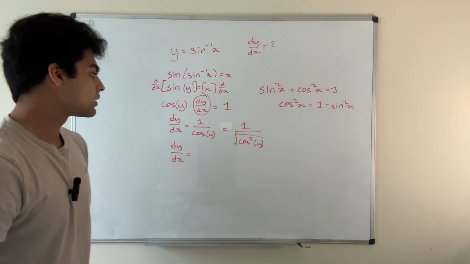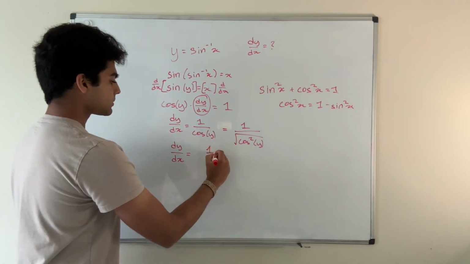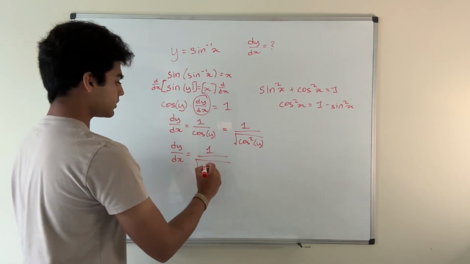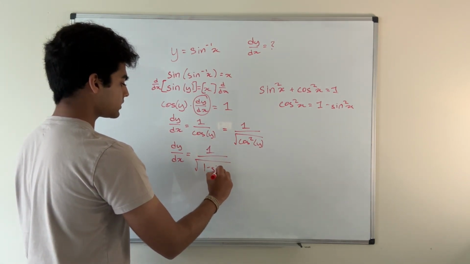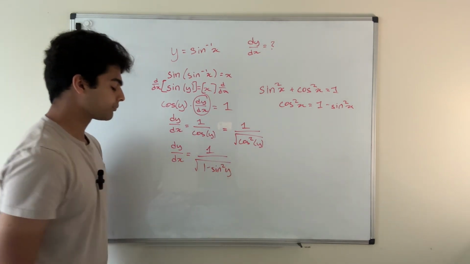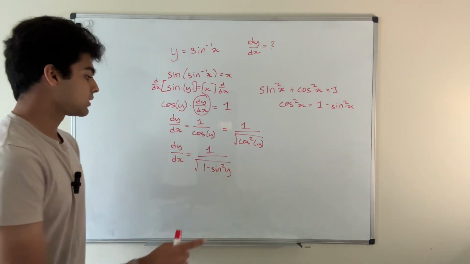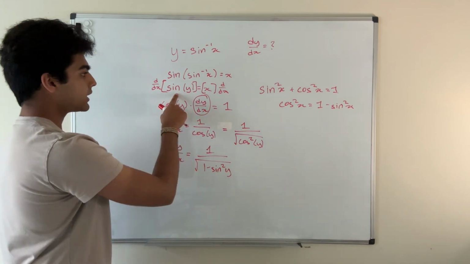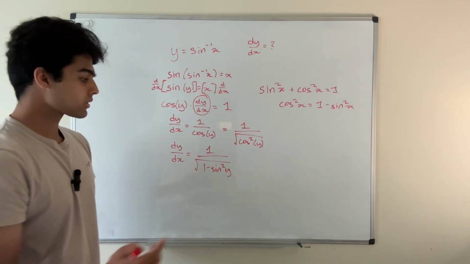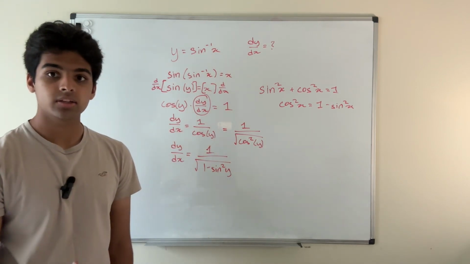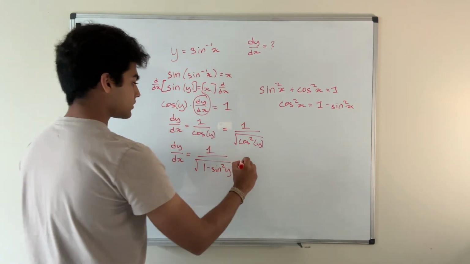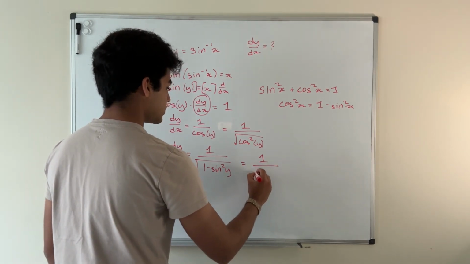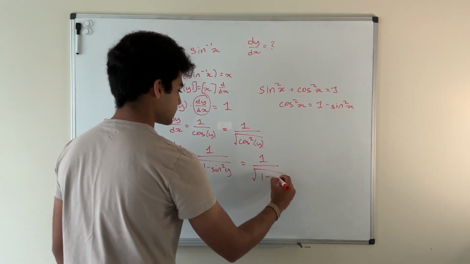Fair enough? So we're going to substitute that in. So we're going to have 1 over square root 1 minus sine squared y. Okay? Now, we remember what sine y is, right? Sine y is just x. So then sine squared y is just going to be x squared. So this is just going to become 1 over the square root of 1 minus x squared.